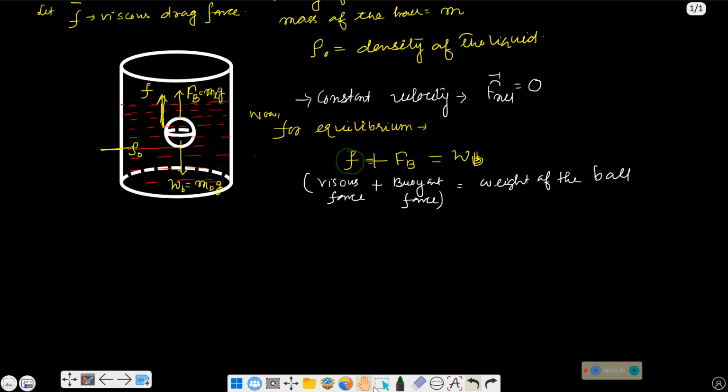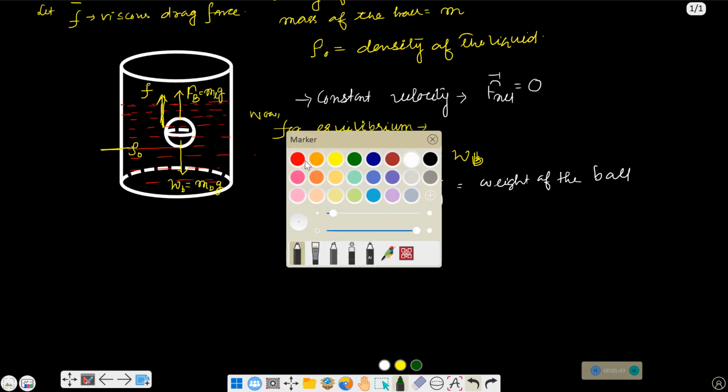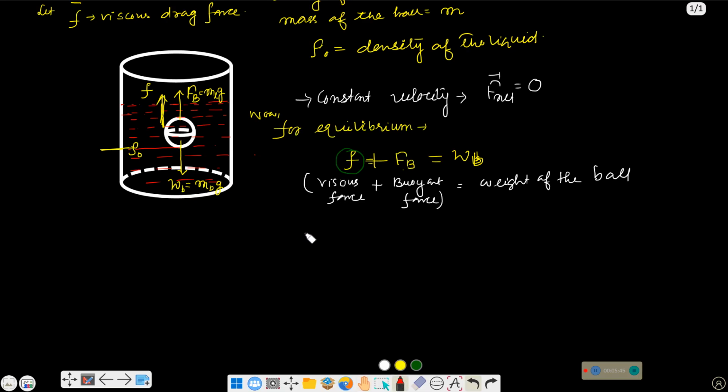So for this, F is equal to WB minus F buoyant. Now what is F buoyant? F buoyant is equal to the mass of the liquid displaced into g.